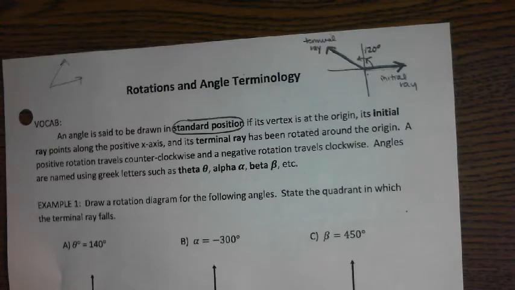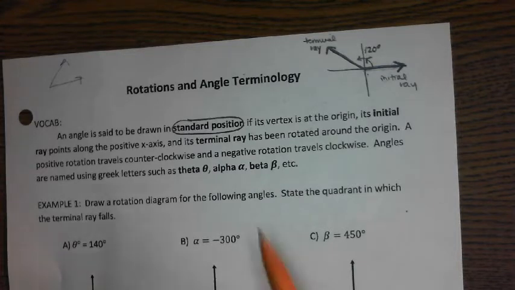Where your terminal ray ends, in which quadrant, is going to be a huge focal point for us. You always want to know where your terminal ray is. You always want to know what quadrant the angle is in. And this angle, technically I'm talking about the terminal ray of the angle, but this is a second quadrant angle because the terminal ray is in the second quadrant.